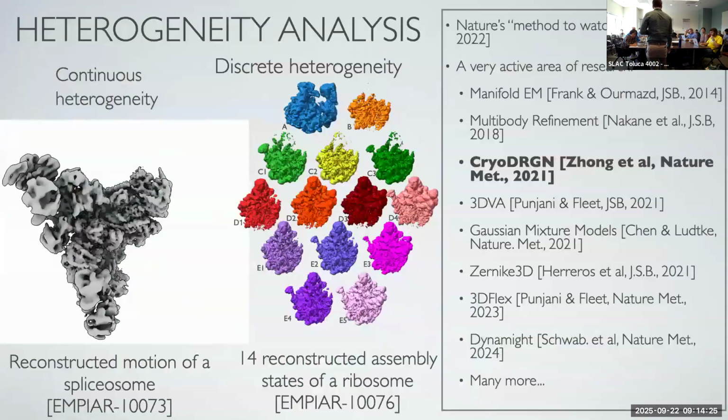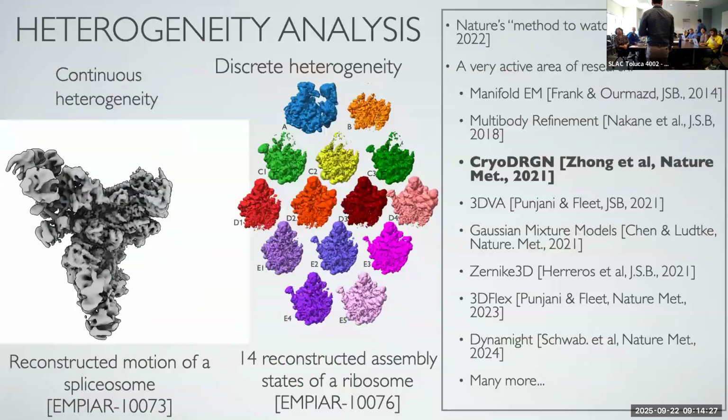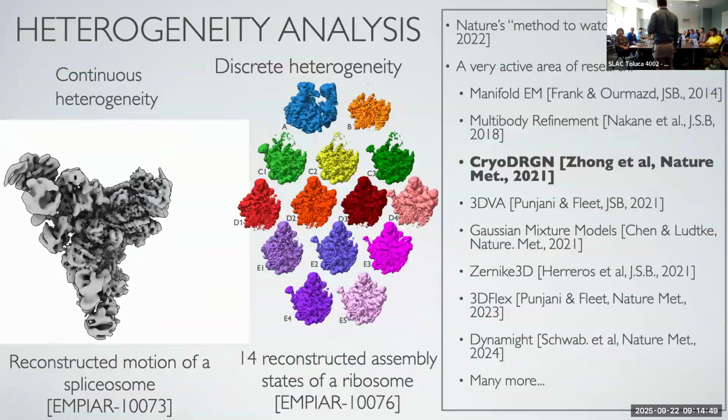So I'm going to talk about heterogeneity analysis in Cryo-EM, which is what we call the reconstruction of ensembles of conformations from a data set. It comes in two flavors. There's a discrete kind, which typically arises when we're trying to image a protein complex and we're observing it in different states of assembly. And then there's the continuous version, which is maybe the more interesting one, where we're observing the same structure, but with some motion of the structure.